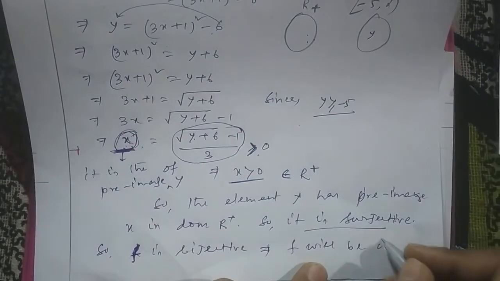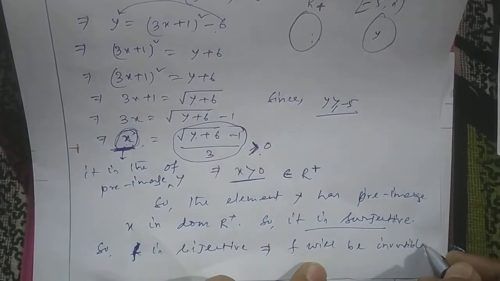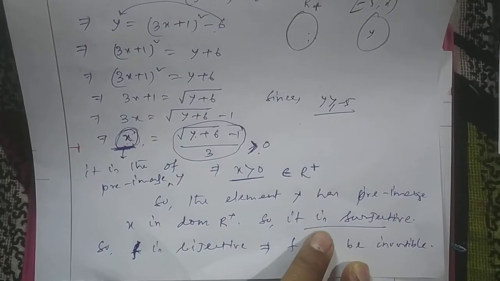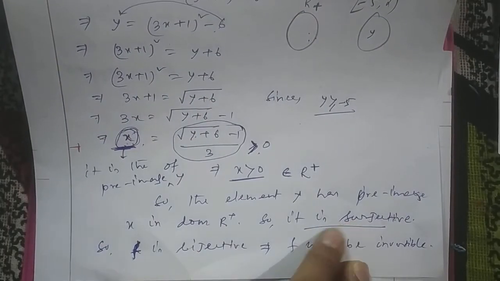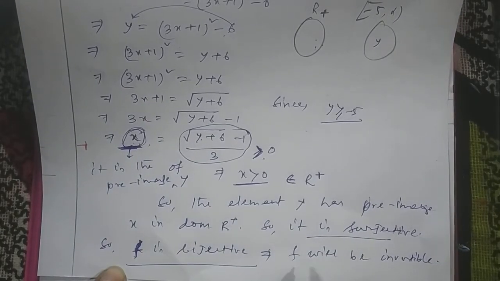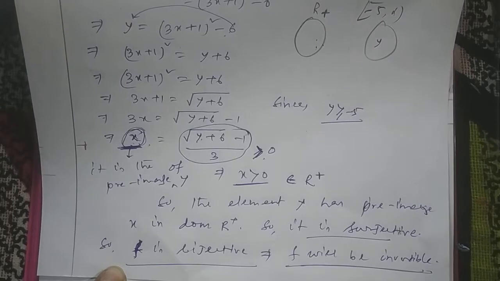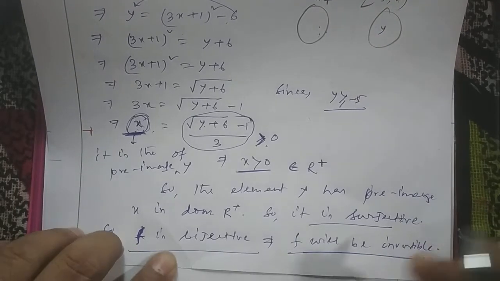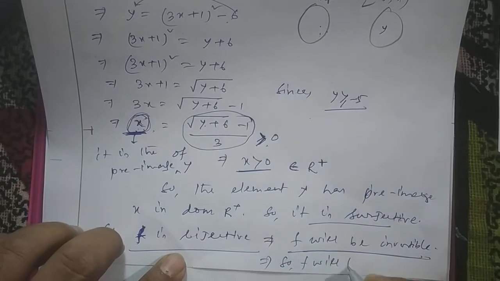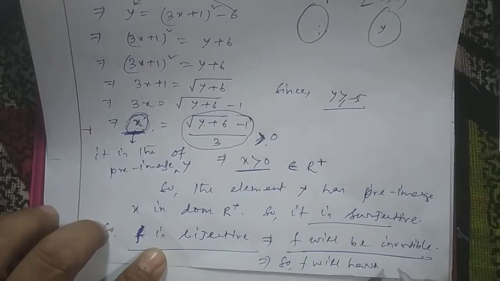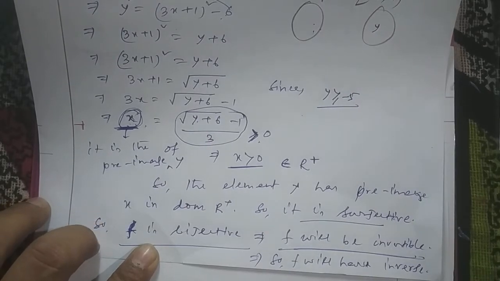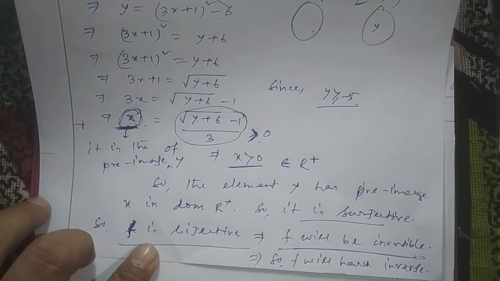Previously f was injective, now we proved it is surjective, so altogether f is bijective. Bijective means obviously it will be invertible, and invertible means f will have an inverse, so the inverse will exist.